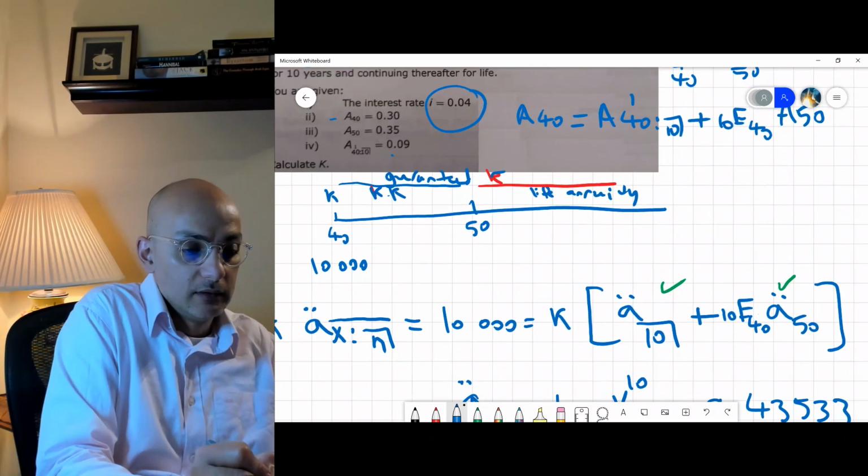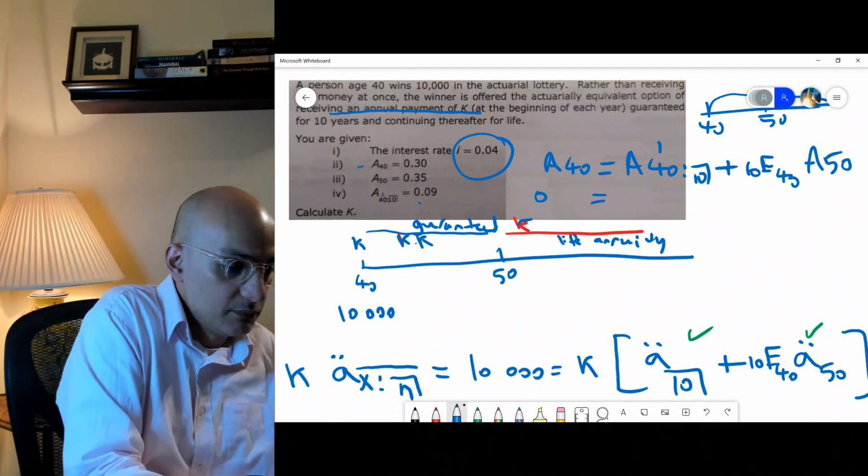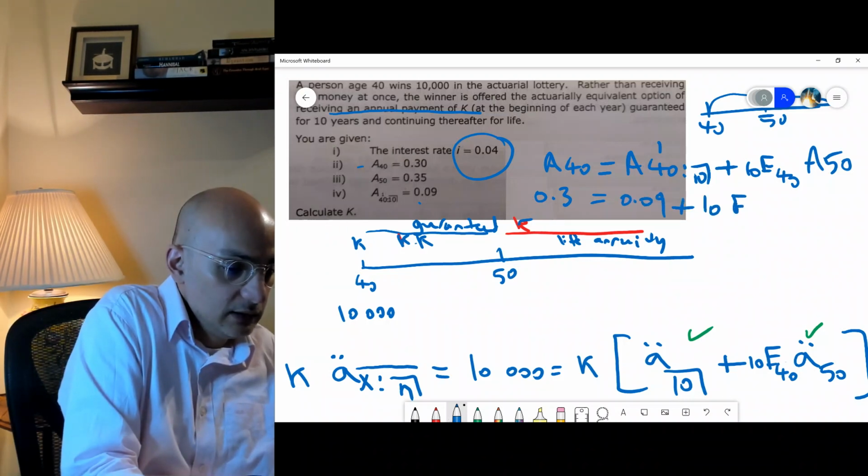Right? So now if you calculate this A40, it's given to you as 0.3. This one is given to you as 0.09, plus 10E40 multiplied by A50, which is 0.35.